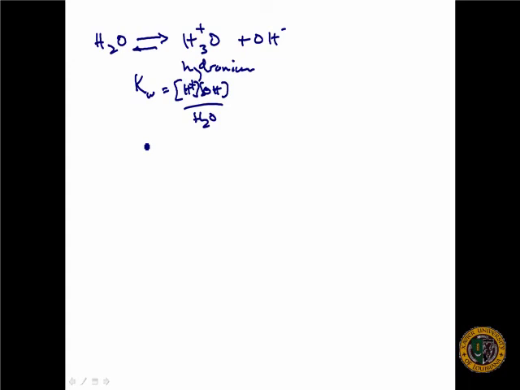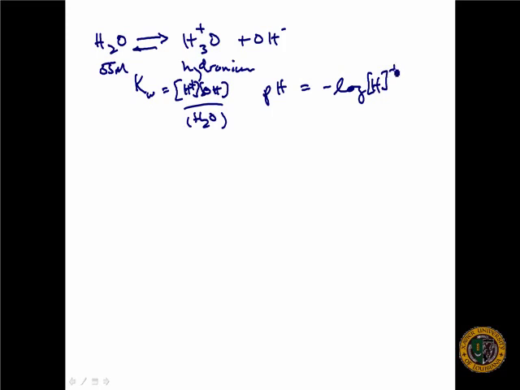So we use a convention which we refer to as pH, which is a negative log of the hydrogen ion concentration, and that convention is scaled from 0 to 14.